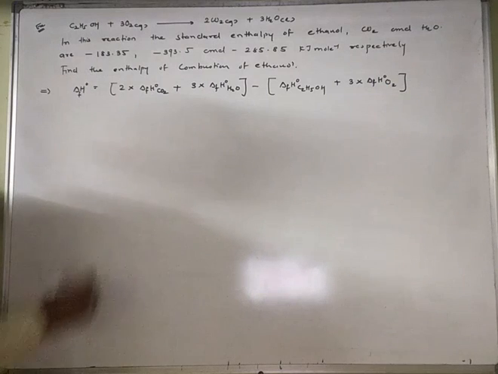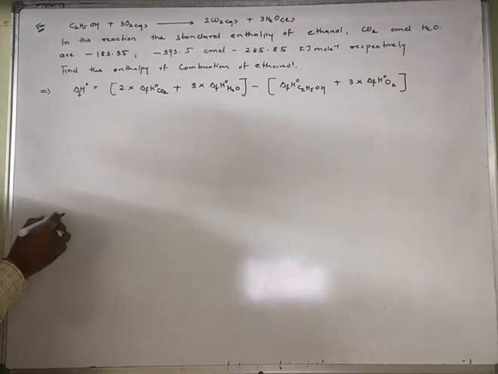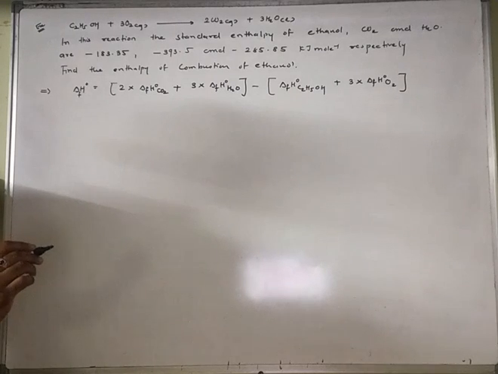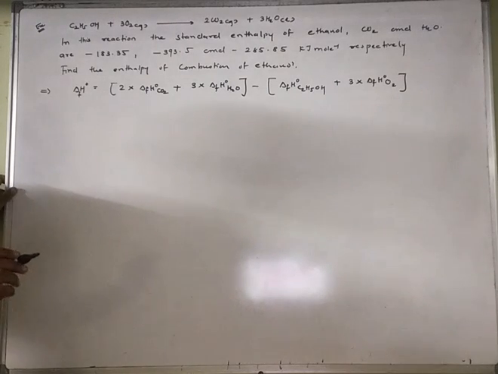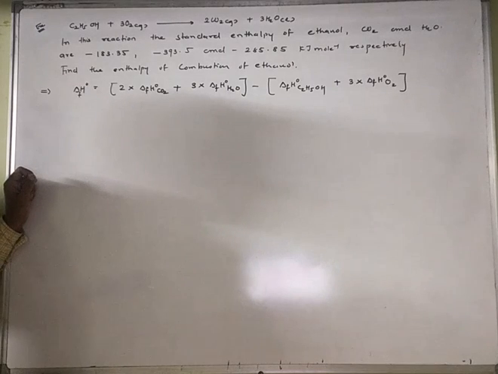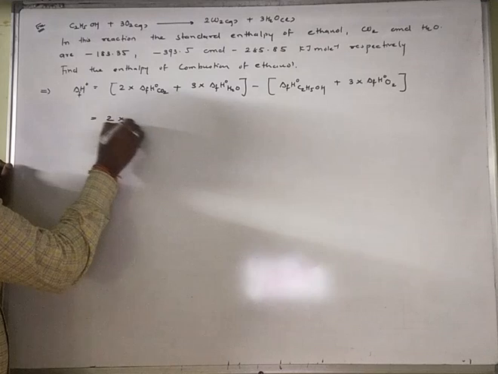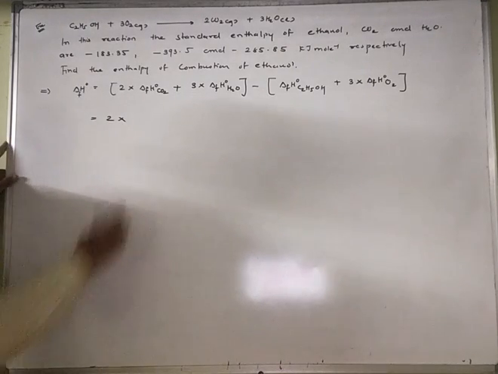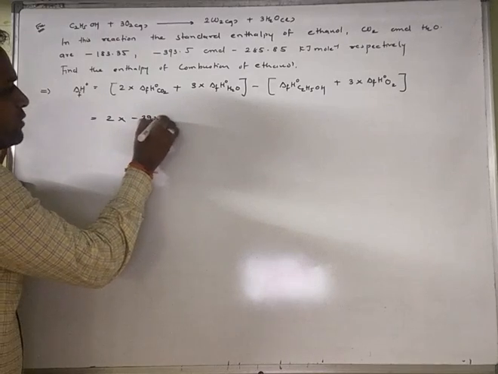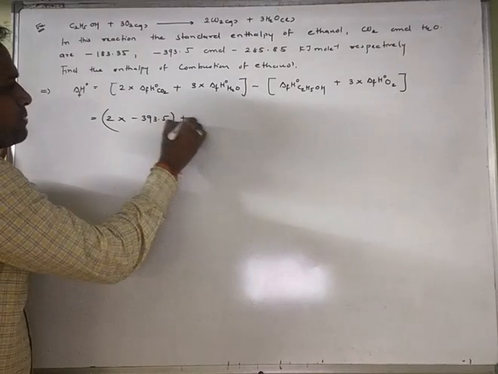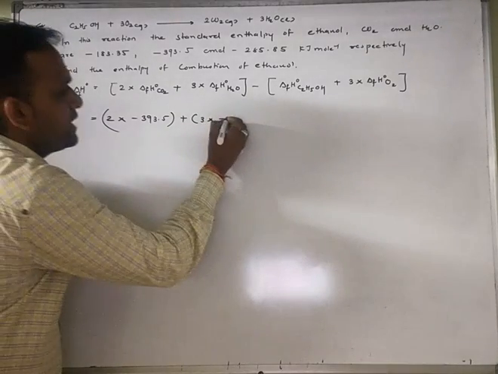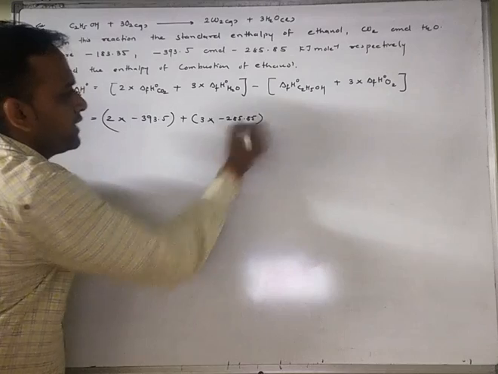सी हियर यहाँ पे क्या दिया हुआ है कि द स्टैंडर्ड इथेनॉल का एंड रिस्पेक्टिवली फाइंड आउट द एंथैल्पी ऑफ कंबशन ऑफ इथेनॉल, राइट? सो हाउ आई कैन फाइंड आउट? सो आई कैन राइट डाउन फर्स्ट ऑफ ऑल 2 into carbon dioxide का क्या आएगा यहाँ पे minus 393.5 plus 3 into H2O का क्या आएगा minus 285.85.